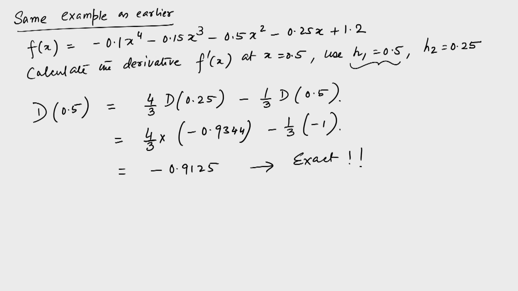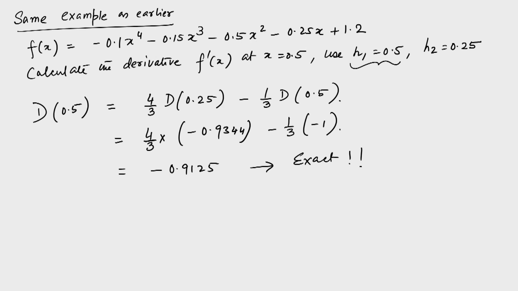So, we got the exact result using this Richardson's extrapolation. Okay. So, this is yet another improved method of calculating the derivative, and in a particular case it gives you a result equal to the exact result which you would otherwise have gotten analytically. This was just a coincidence that we calculated D at 0.25 and D at 0.5 using a formula which finally gives you this. Okay. But it certainly is a better estimate of calculating the derivative.